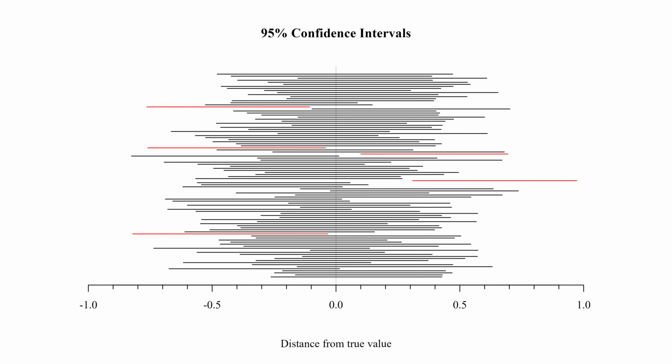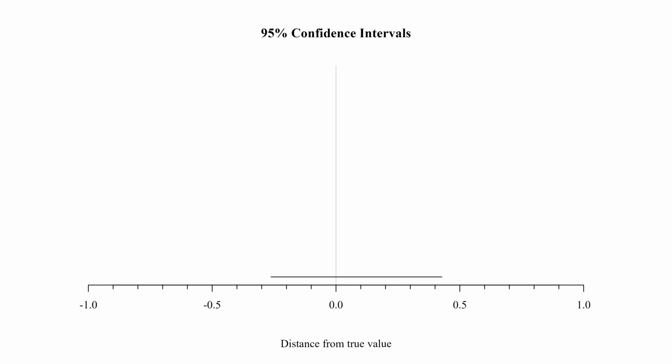But we didn't do our experiment 100 times. We did it once. And unfortunately, that brings us to the unintuitive part of frequentist confidence intervals. You can make no statements of probability about any individual interval. Your one experiment, your one interval, it either contains the parameter or not.